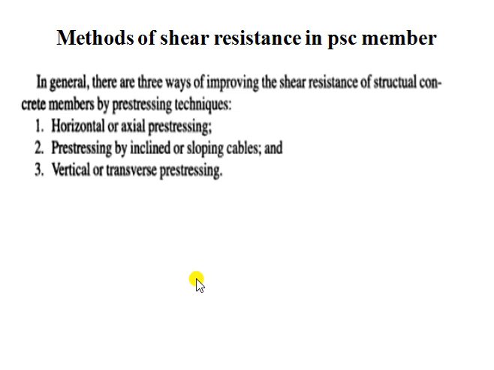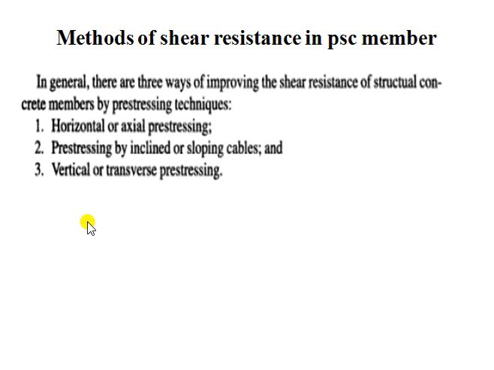So next is methods of shear resistance in PSC members. How can shear be resisted in a prestressed concrete member? In general, there are three ways of improving the shear resistance of a structural concrete member by the prestressing technique.